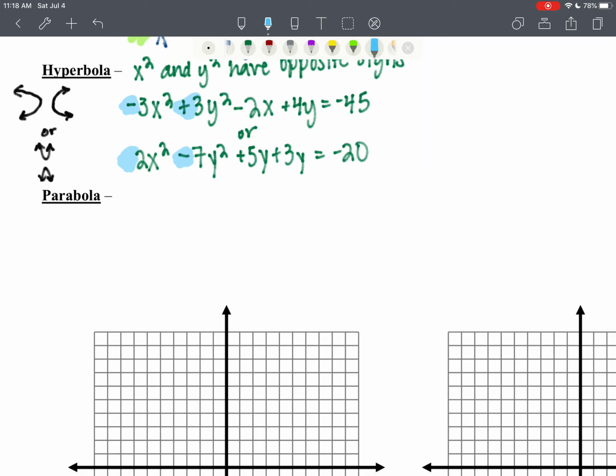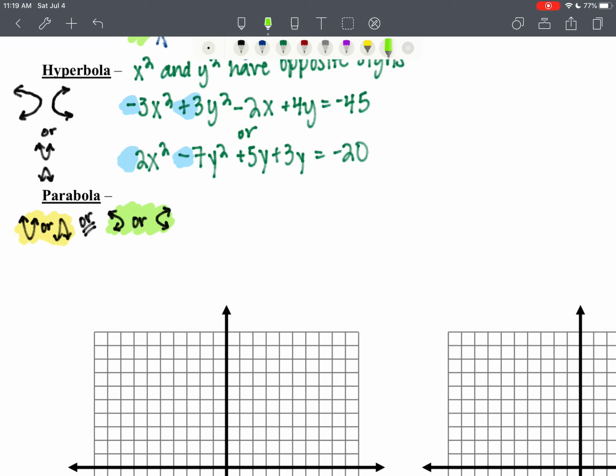Now the parabola, we're used to parabolas opening up or down. So a parabola is going to be opening up or down because that's what we're used to. Or now we're going to have left or right. It's going to be up, down, or left, right.